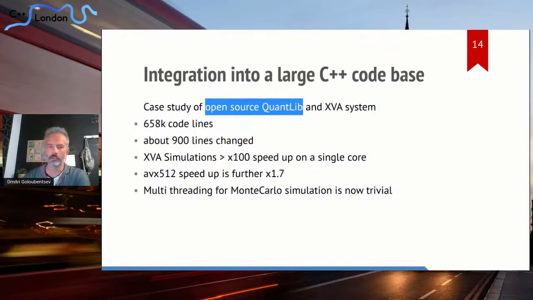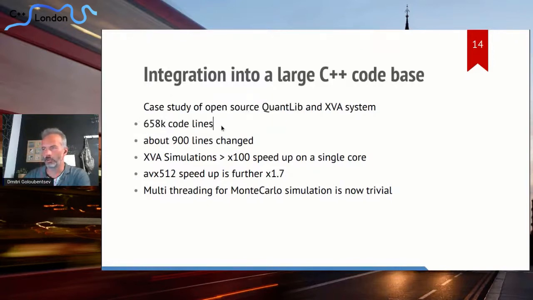This is an engine that runs lots of Monte Carlo simulations and computes XVA. These are fairly intensive calculations that are quite relevant to the current finance industry. And we want to demonstrate what we can achieve in this setting.